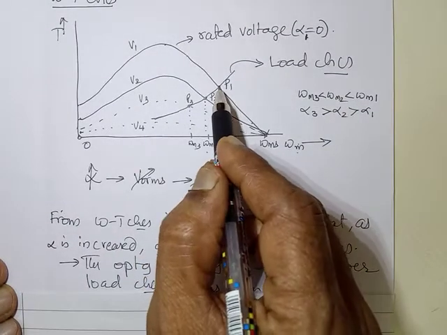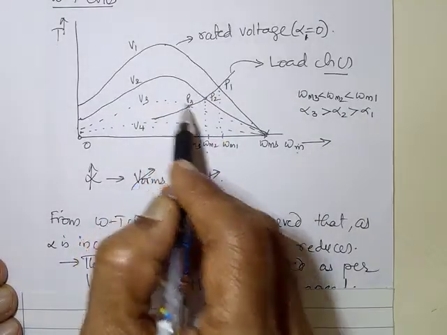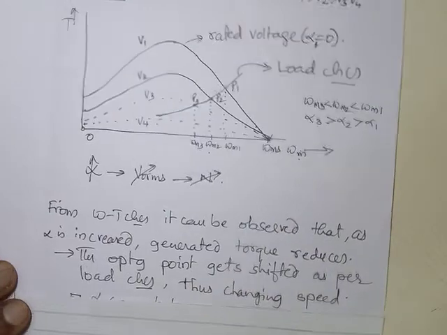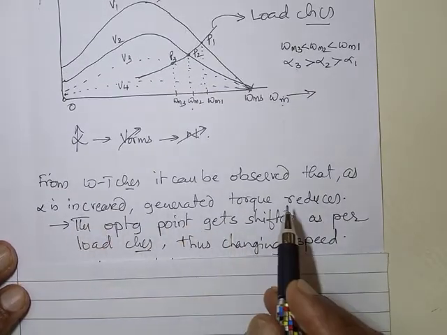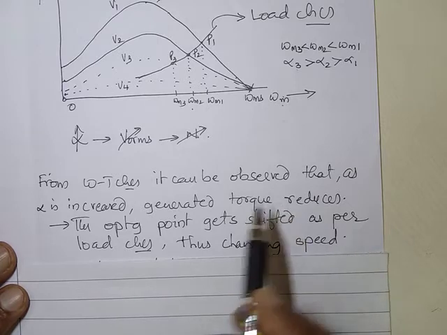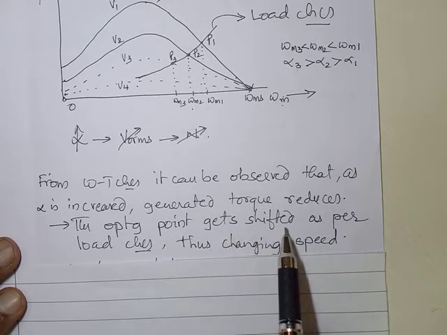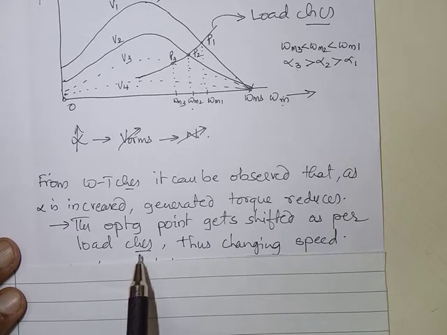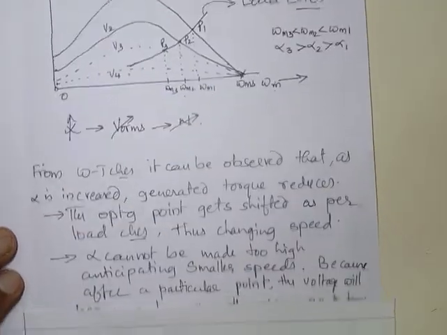For this characteristic the generated torque is this, for this characteristic it is less, for this it is less. So, as the value of alpha is changed, the voltage changes, generated torque reduces, the operating point gets shifted as per the load characteristic, thus changing the speed. This is what we can observe here.